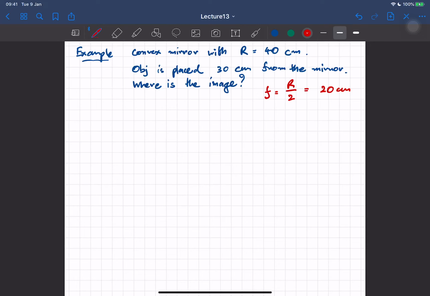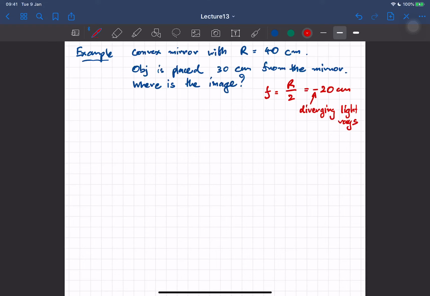This is the same, so you need to put a minus sign here. The minus sign is because it's diverging light rays away from the optical axis. So we just put the minus sign like this, okay?